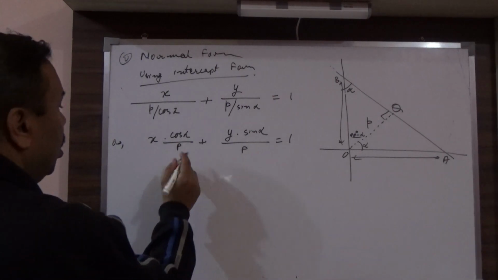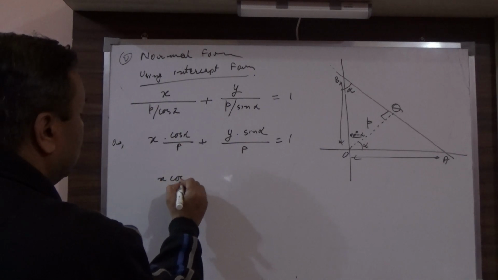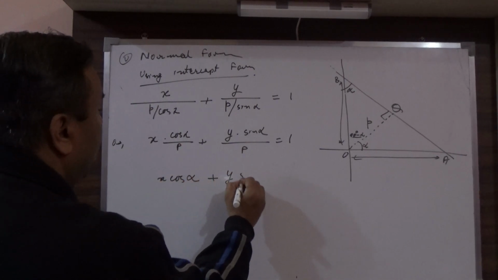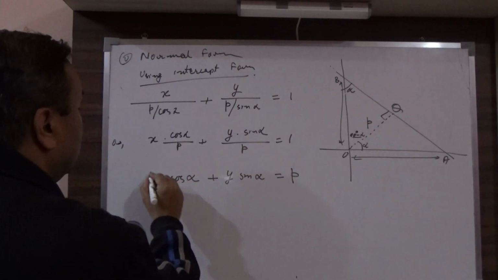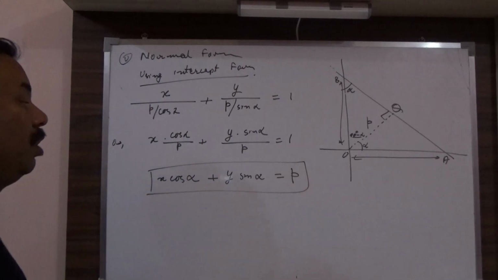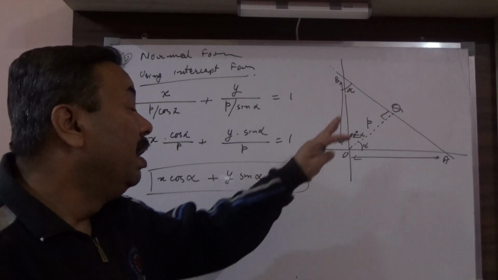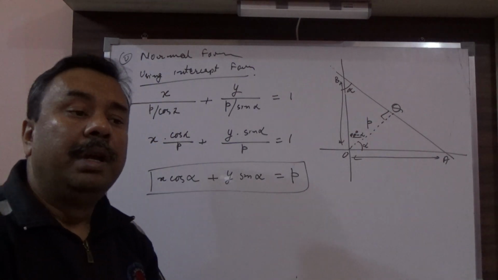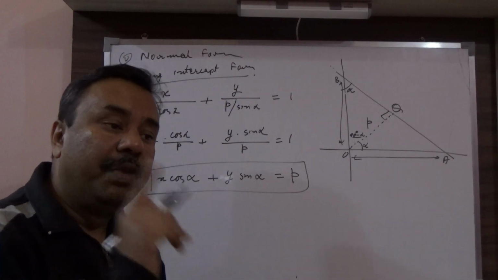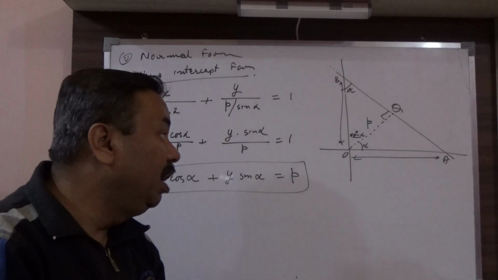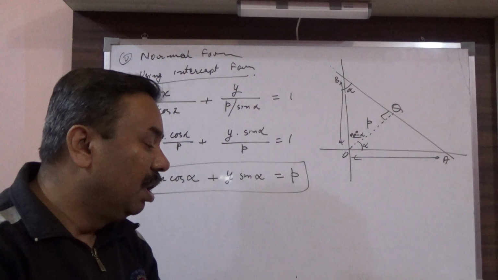Multiplying by P on both sides, x cos alpha plus y sin alpha is equal to P. So this is my standard form of the equation of a line when the length of the normal drawn from the origin is given, and the angle made by the normal with the positive side of the x-axis is given to you.